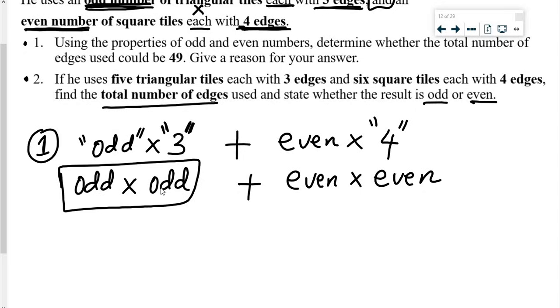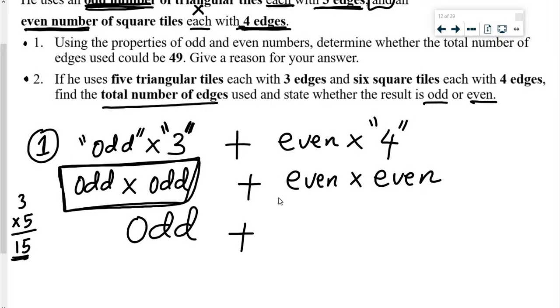What is odd times odd? Think of any odd number like 3, times another odd number like 5. What is 3 times 5? Answer is 15. What is the parity of 15? The parity of 15 is odd. So that means odd times odd is odd.